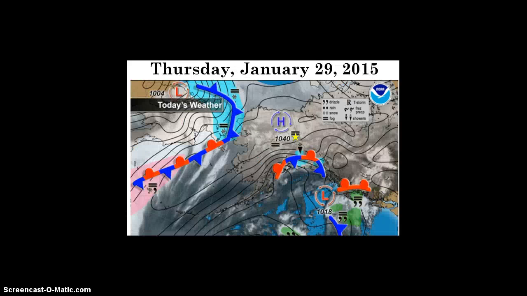And then on January 29th, Eagle moved into a high system where there were winds coming in from the north, and there is still cloud cover on the 29th.